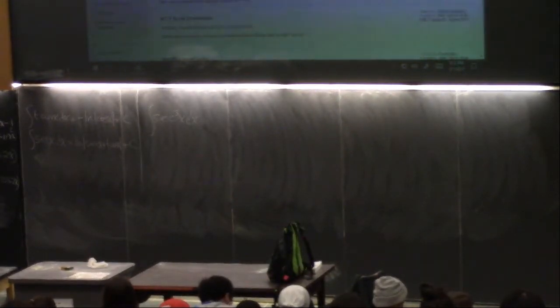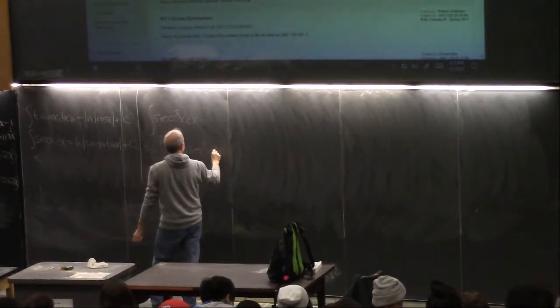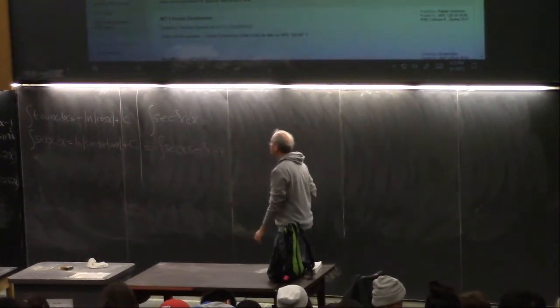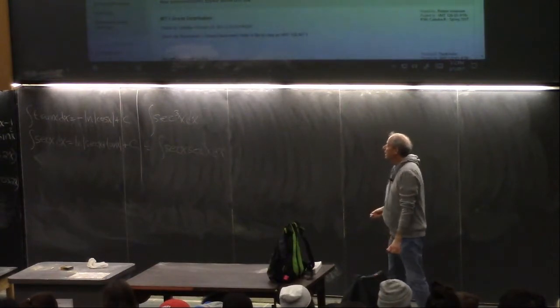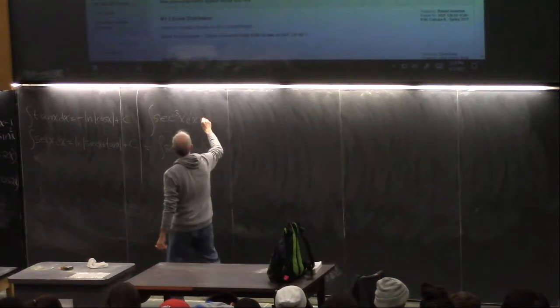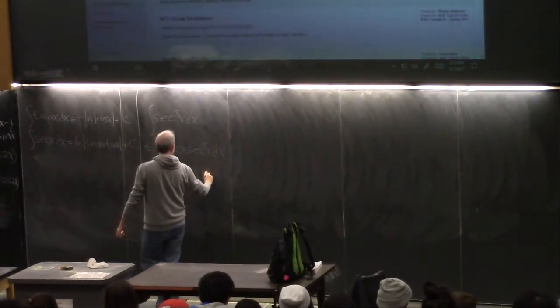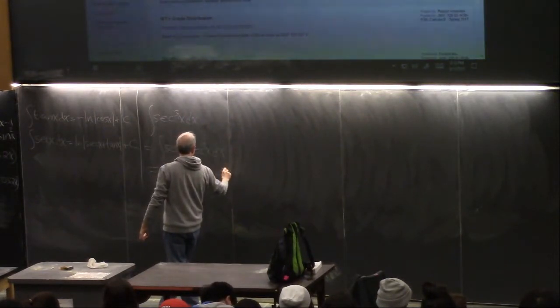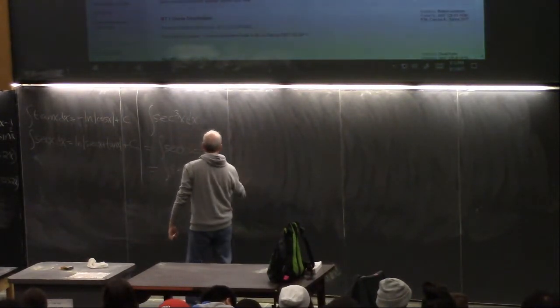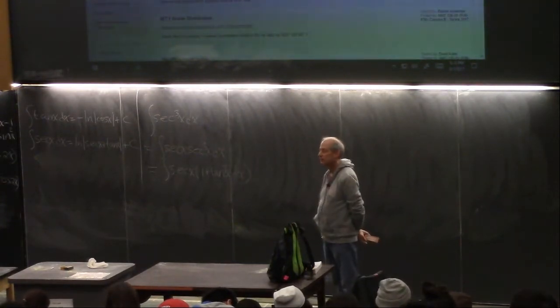Okay, what do we do for secant cubed? Well, what did we do with sine cubed? We broke it apart, so let's break this apart. And secant squared x is 1 plus tangent squared. So how is that going to help?